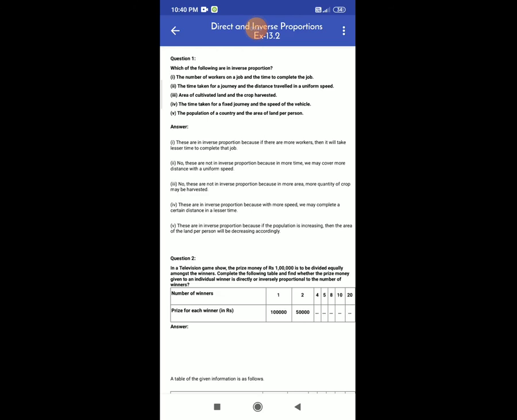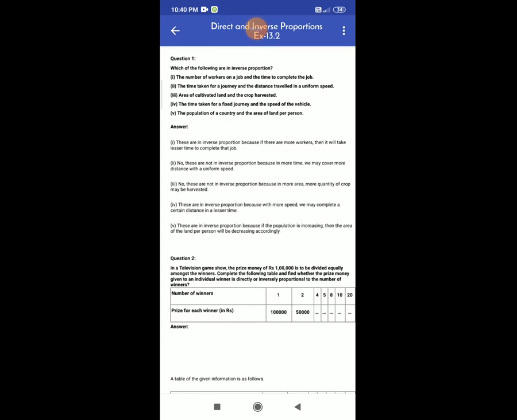In the third case, area of cultivated land and the crop harvested, the answer is also no. They are not in inverse proportion because in more area, more quantity of crops may be harvested.